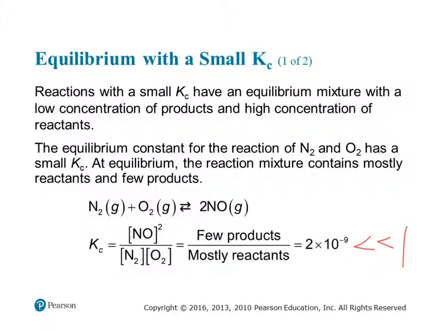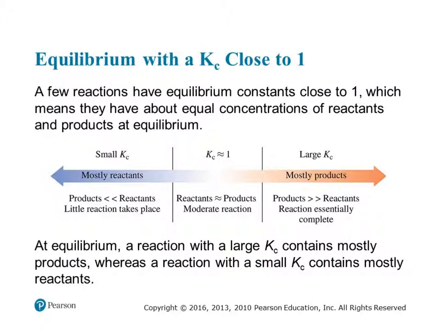So at equilibrium, you'd have a lot more reactants than you would products. Chemistry is easy, life is hard, yes? Again, another summary slide, just to make sure the horse is thoroughly dead.